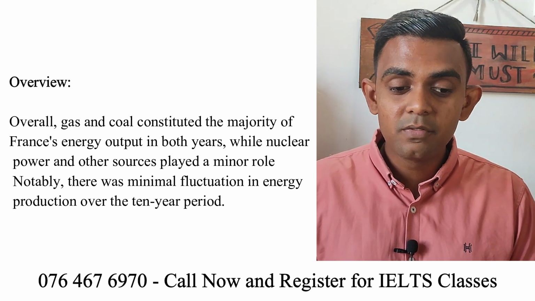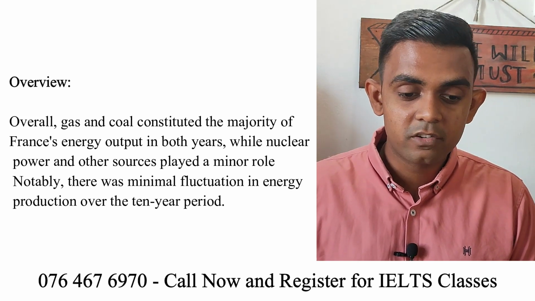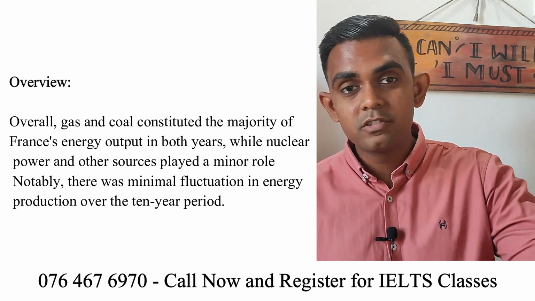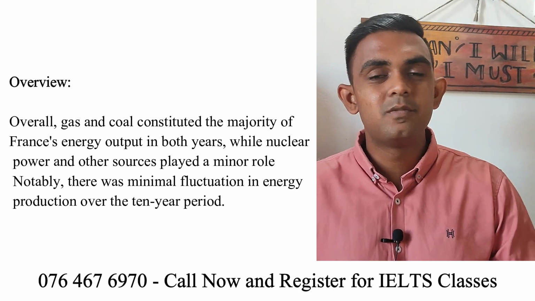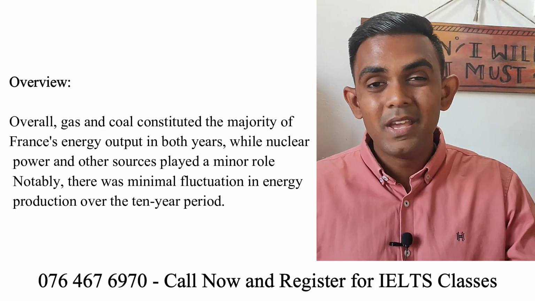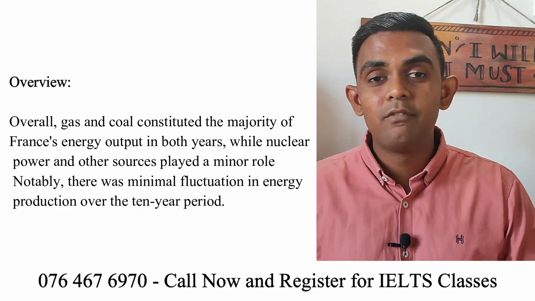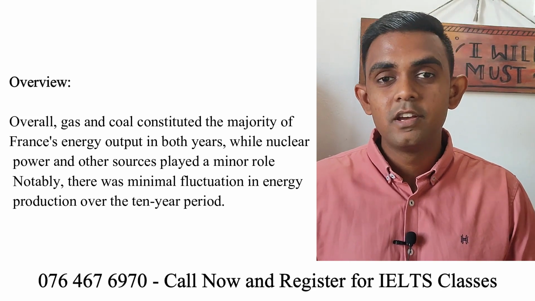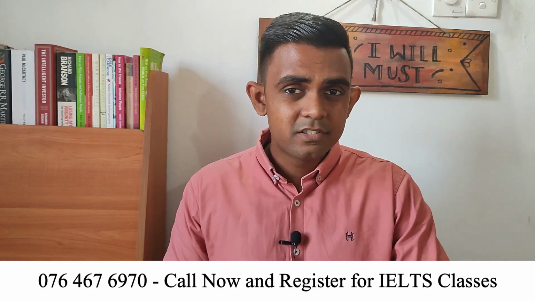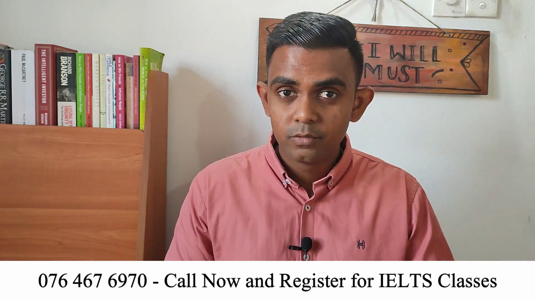Notably, there was minimal fluctuation in energy production over the 10-year period, right? That means across the 10 years, there hasn't been much of an energy fluctuation overall, right? Mainly gas and coal have been the biggest contributors to energy production, all right? Again, a very clear, straightforward overview, all right?